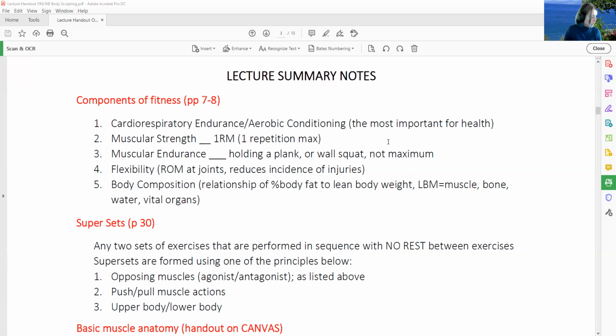Cardiorespiratory endurance, by definition, covers your heart, your lungs, and all the blood vessels that transport the blood throughout your body. So what does that tell you? It tells you how able my body is to transfer the oxygen, because blood carries the oxygen and all the nutrients that our cells need to function.